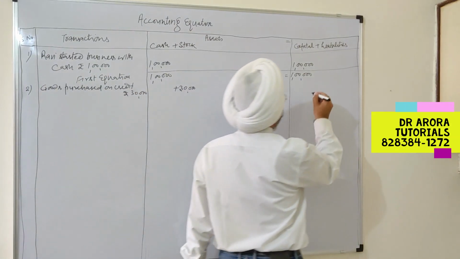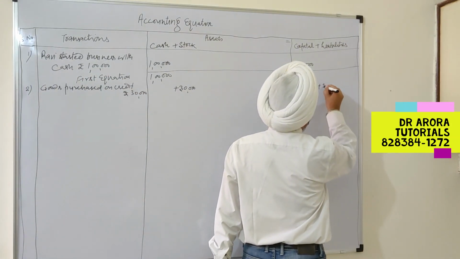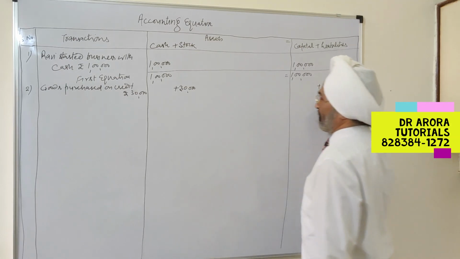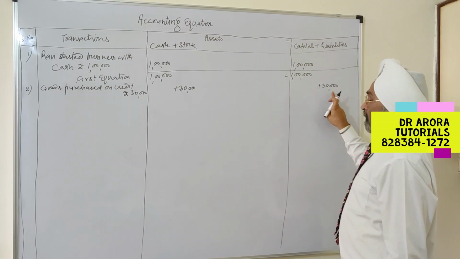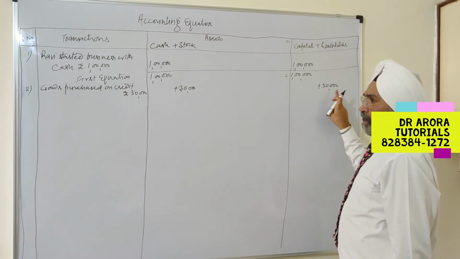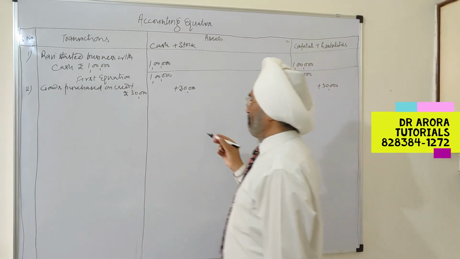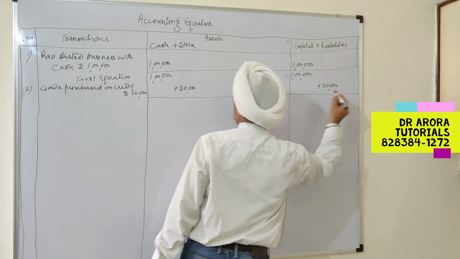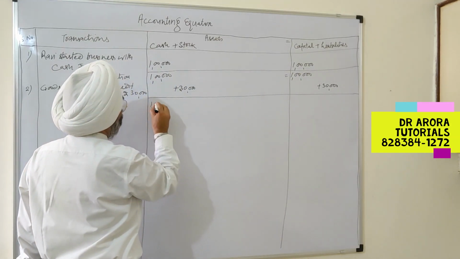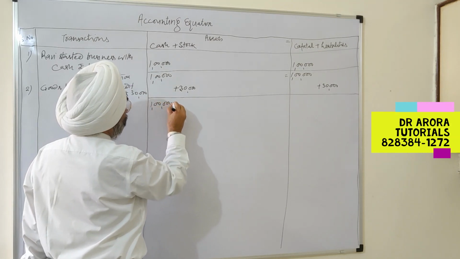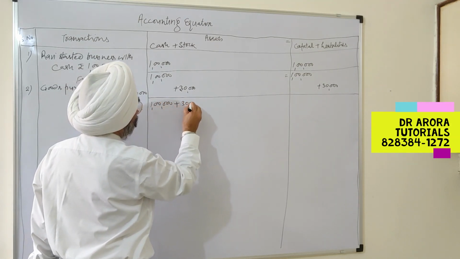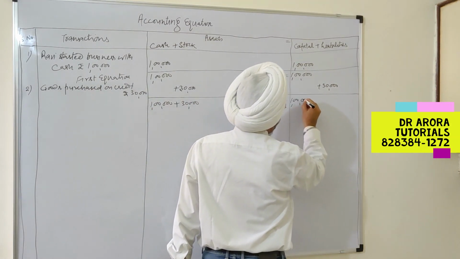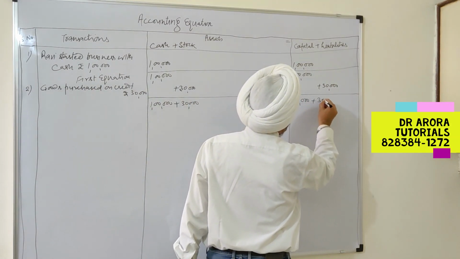And on the other side, our liabilities will increase because these are purchased on credit. Hence, the amount is payable to the creditors. So this equation will be 1 lakh plus 30,000 equal to 1 lakh plus 30,000.